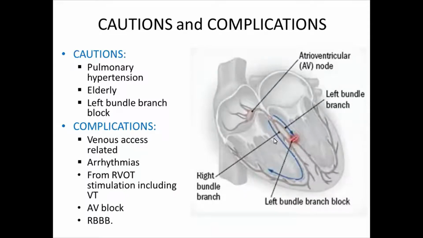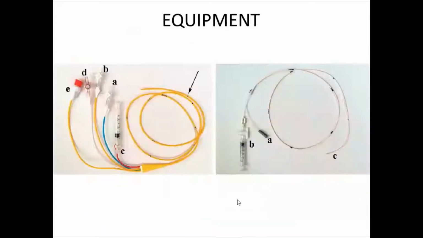Most of the time they are self-limited and can be alleviated by catheter readjustment. Also AV block and right bundle branch block, as we said, because the AV node is in the right atrium; when passing the catheter in the right atrium, your hemodynamics may be complicated by AV block or right bundle branch block.